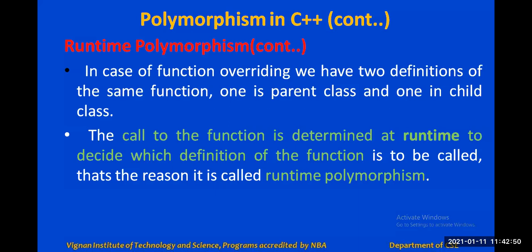The function is same, but it has two different definitions, right? That is what we call runtime polymorphism. From the function call to function definition, the link is determined during runtime. So that is what we call runtime polymorphism, right?